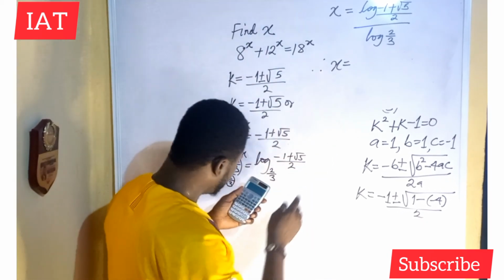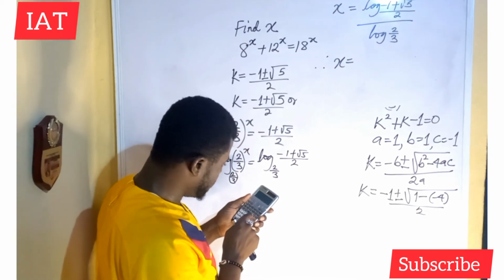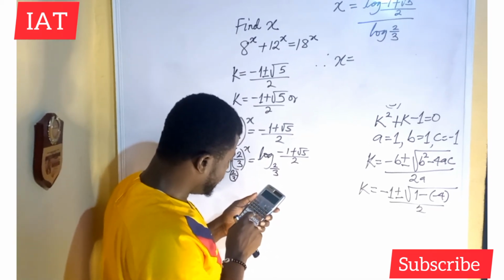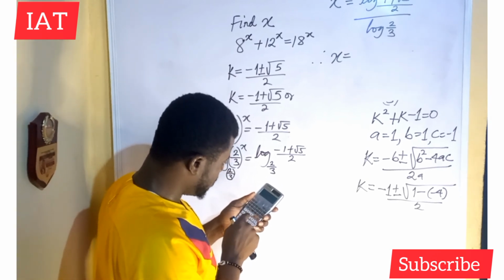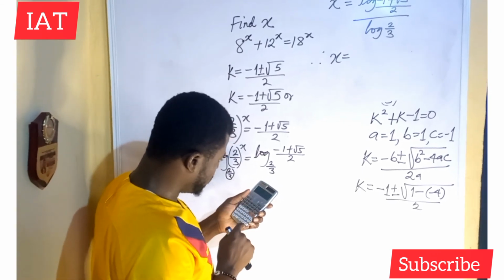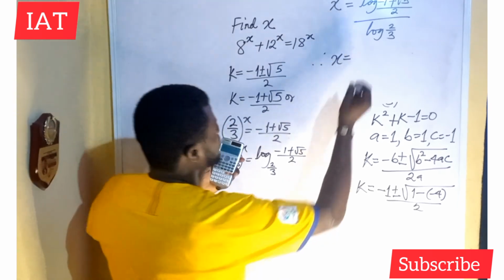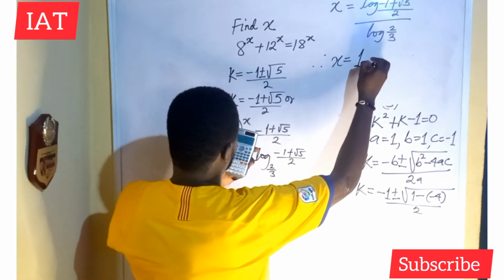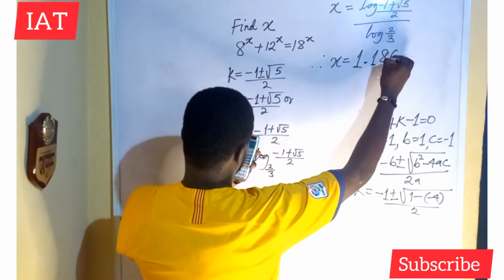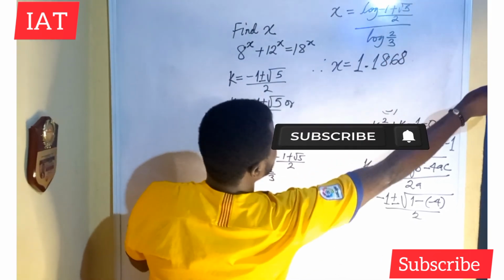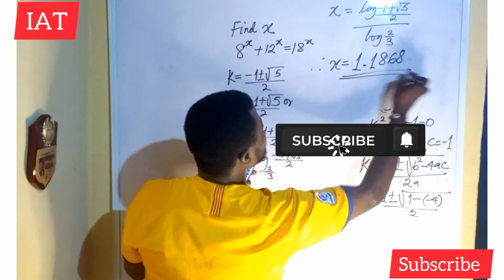The whole of the expression divided by the logarithm of 2 divided by 3. And what is the result to this problem? The answer is 1.1868, etc. So this is the value of x.